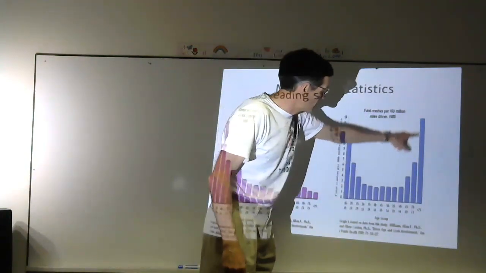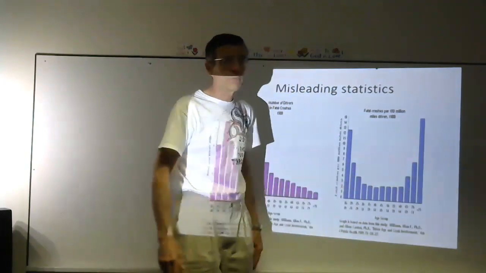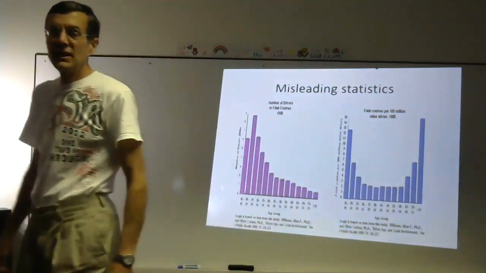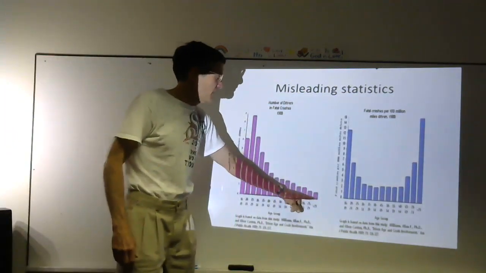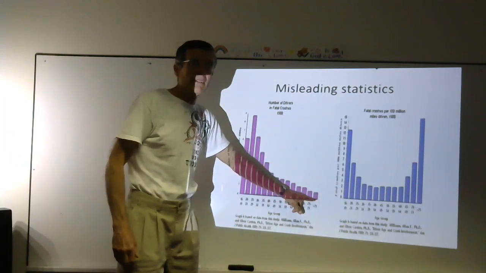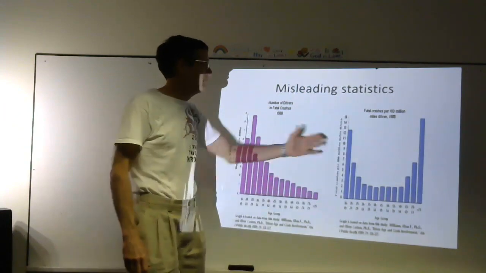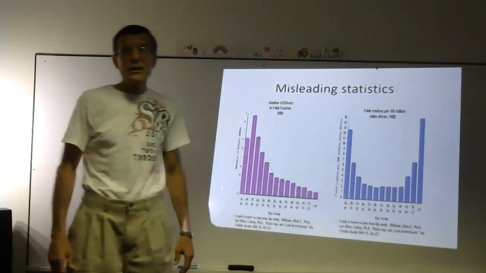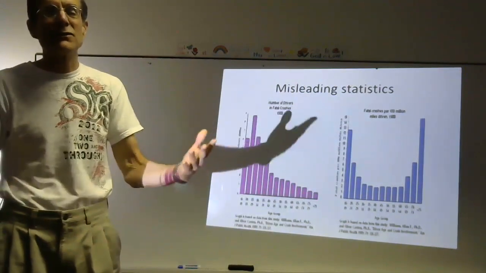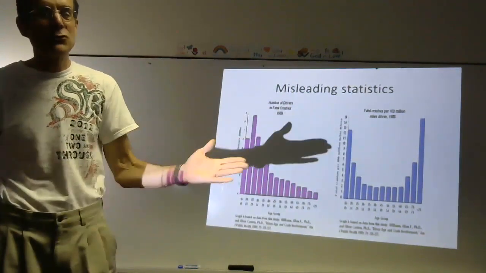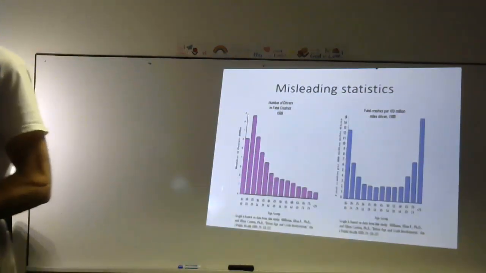And the three classes here are even higher than the three classes of youngsters. And if you go by the miles driven, over here, us old guys are not involved in that many accidents. It's because we don't drive that much, all right? So it's much better to go by the number of miles driven. It only makes sense that people are involved in more accidents if they drive more miles, okay? Great statistic.